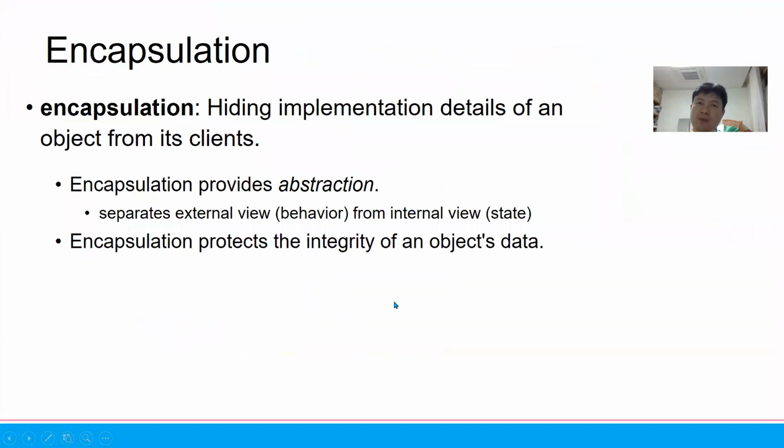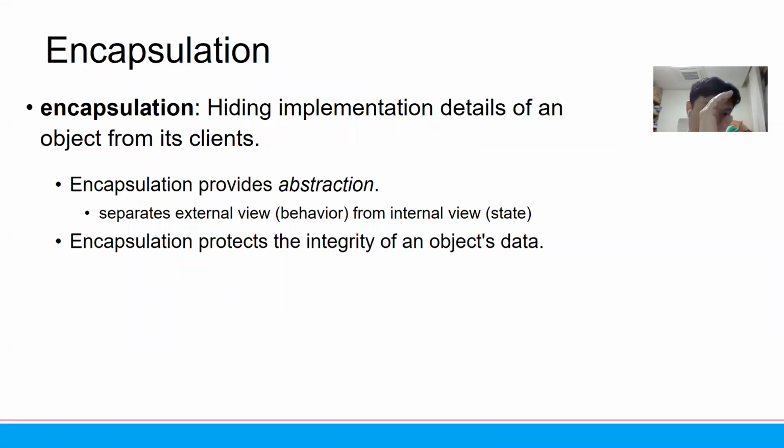I cannot teach you all the things about object-oriented programming due to the time limitation, but now I'm jumping to the encapsulation. It might give you a hard time to understand all the things in a short time, but I'm just selecting the important part for this Java. Encapsulation means to hide the implementation detail of an object from its client.